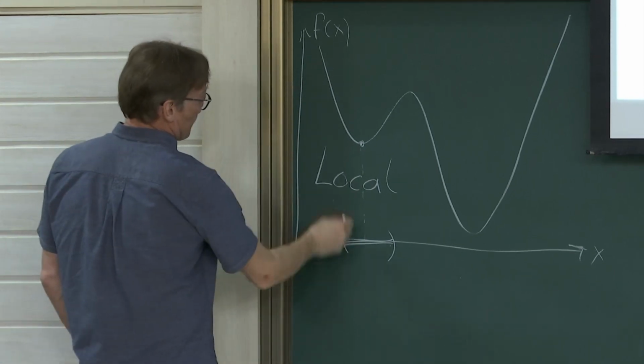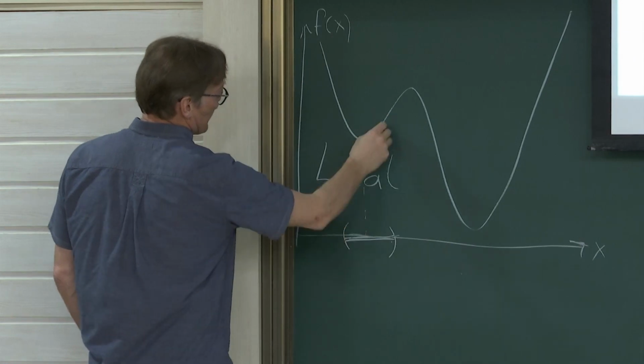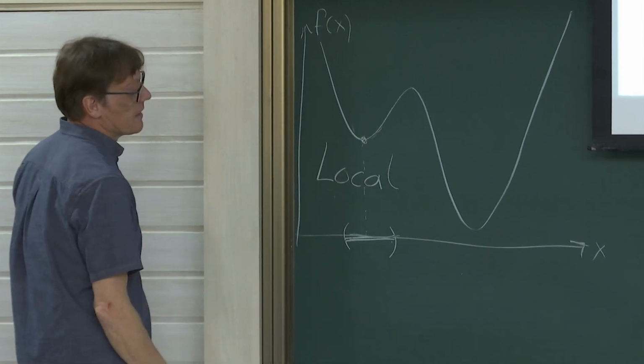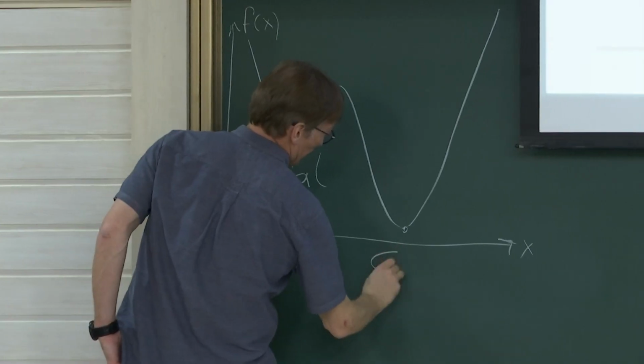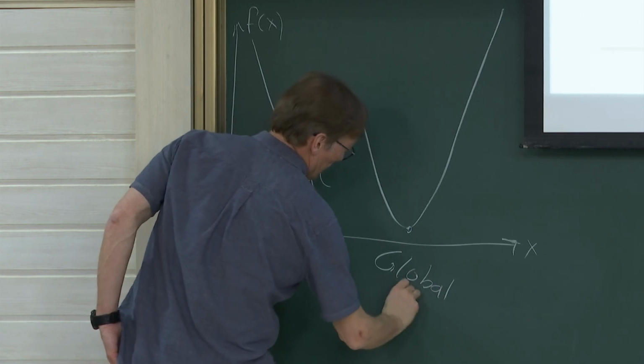And if I evaluate my objective function in any point, then it's always greater or equal than the objective function there. But it's not a global minimum, because for a global minimum, it has to hold that it's the lowest objective function value for any feasible point. So this one over here, in this very simple example, is my global minimum.